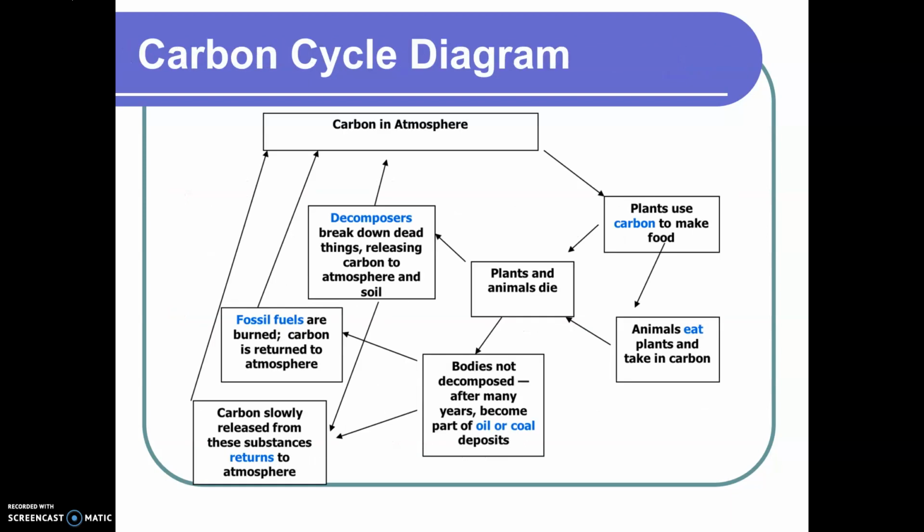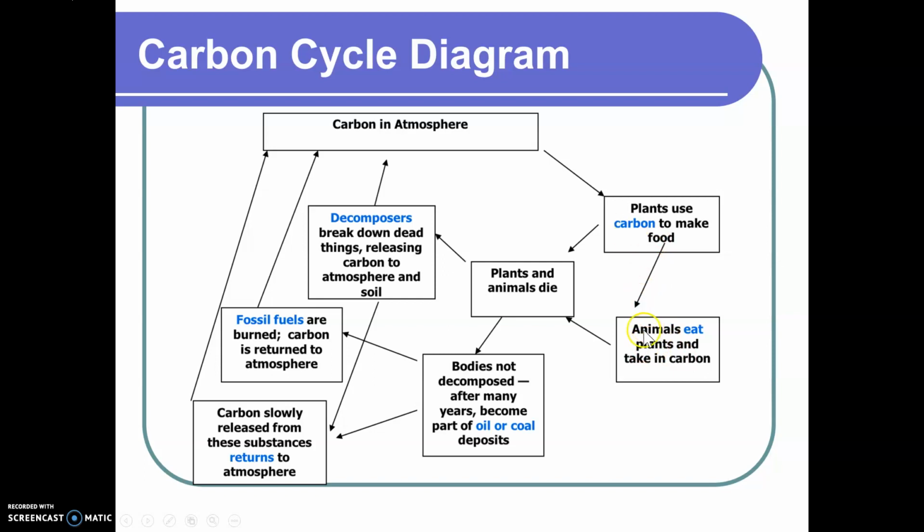So let's look at some pictures. I've got two different diagrams that I'm going to show you here. This first one has a lot of descriptions on it. So if we start here, if you'll follow my arrow, carbon in the atmosphere. That carbon in the atmosphere is going to get taken in by plants. Plants will use that carbon to make food. If the plant gets eaten, it's going to go to animals, and that carbon will be found inside the animal.